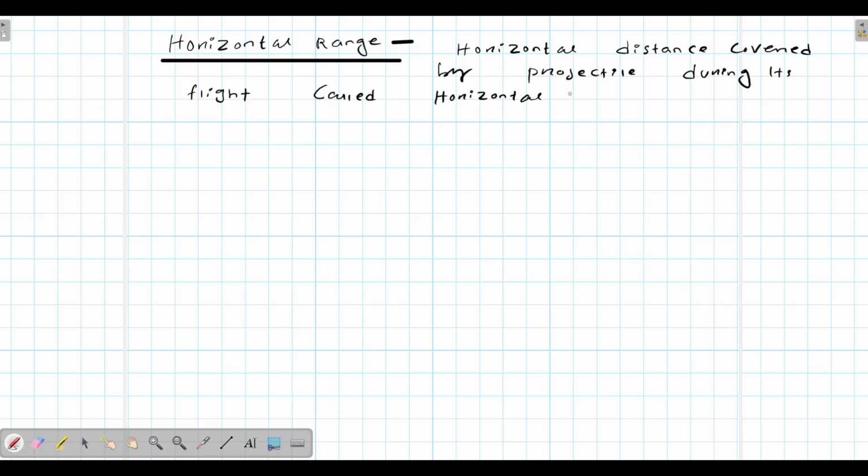Horizontal distance covered by the projectile during the motion, that is the horizontal range.